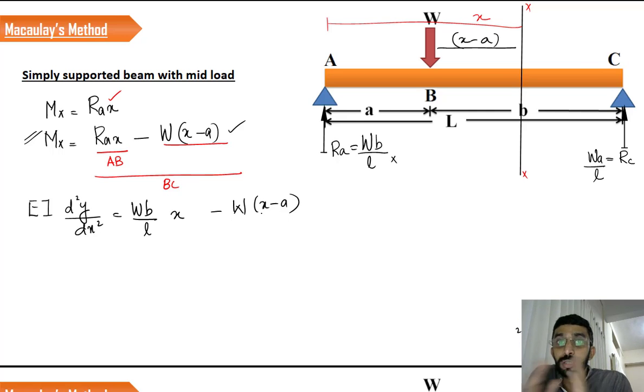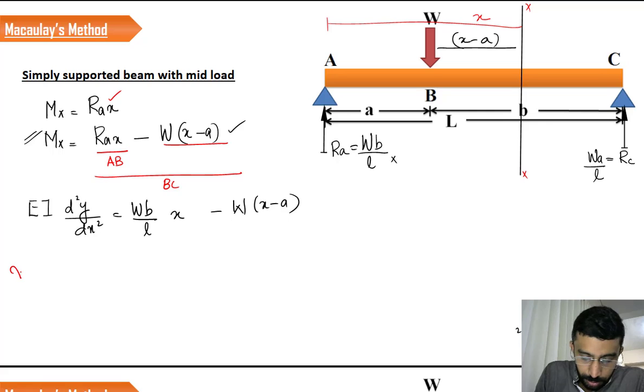That means you are not supposed to expand it. You integrate it considering it as a single block. That means x minus a is considered as a single block. You have to integrate considering it as x. Let me integrate it, then you will find it easy.